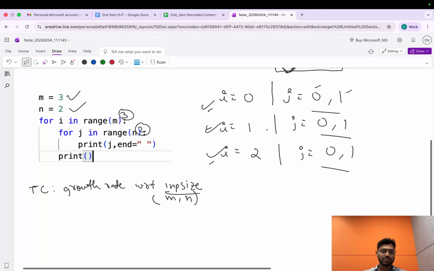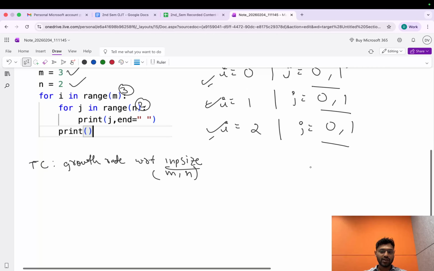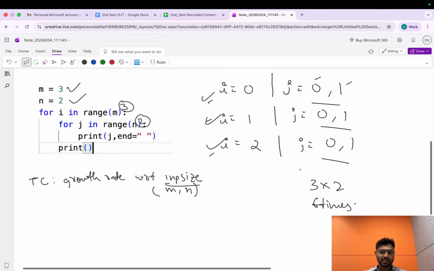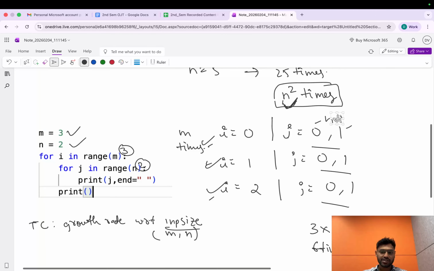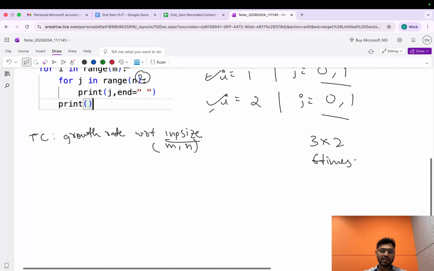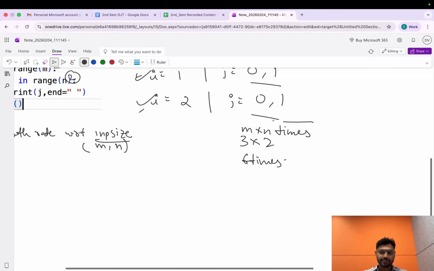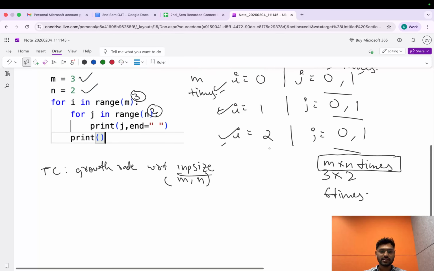So 3 into 2 would be 6 times. Why 6 times? Here 3 is m. Outer loop is running m times, inner loop is running n times each. So totally we are going to run m into n times. Am I right?